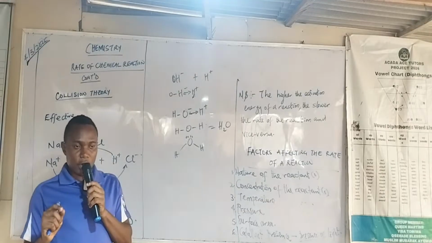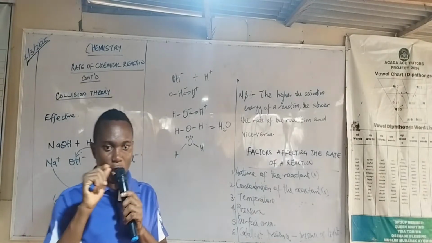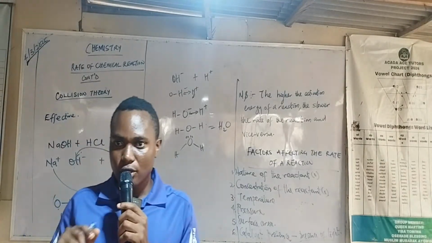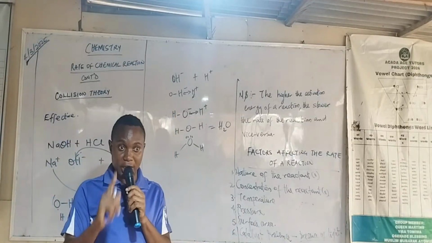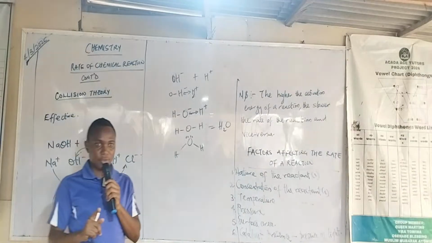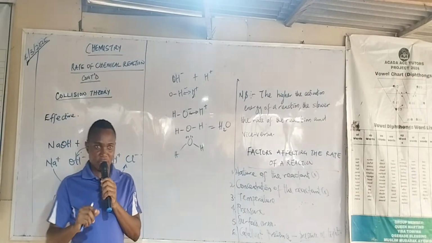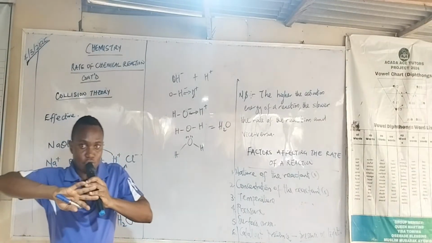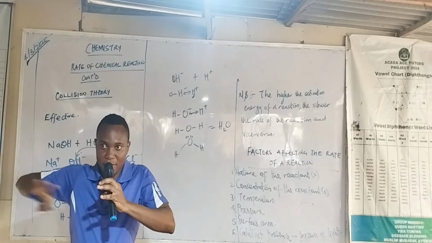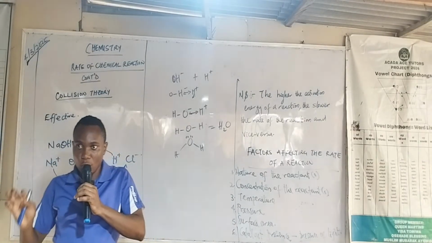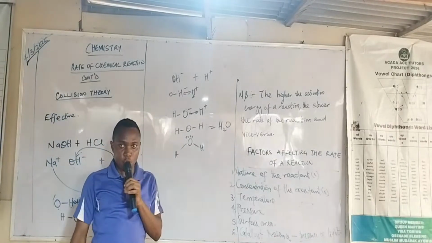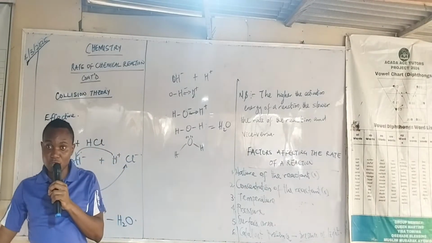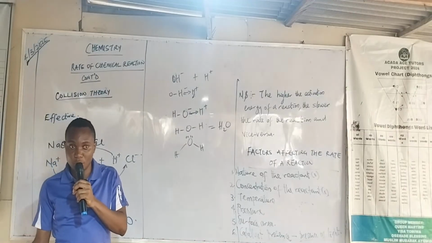We know fully well in solid state surface area is reduced, so reaction is tending to be what? Slower. While in gaseous state, molecules are actually divided apart from one another such that there is enough surface area for collision, and at that particular point reaction tends to be what?